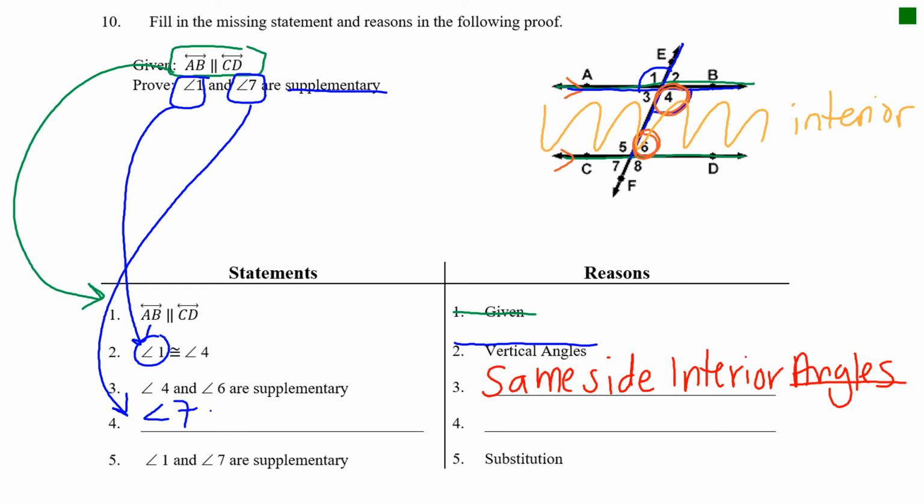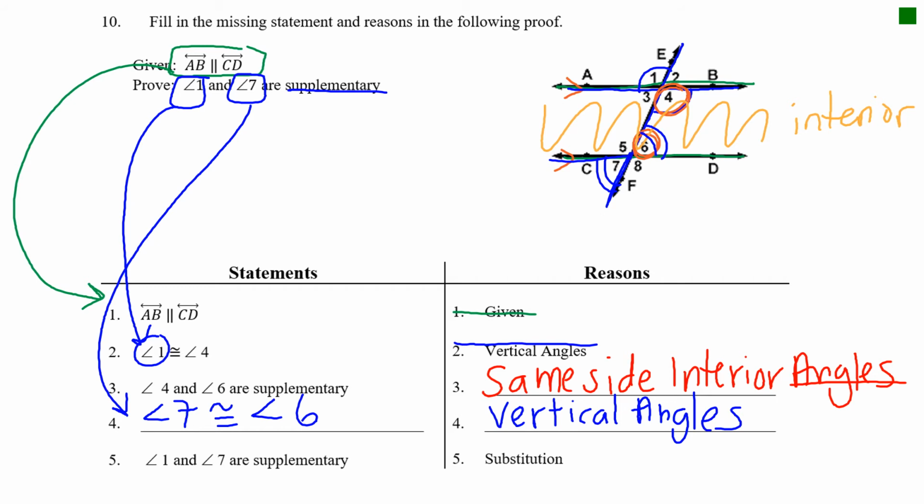And the reason will be similar, so we have to figure out what angle it's congruent to, and we're going to be looking at the same reason as number 2, which was vertical angles. Okay, so let's look at the picture. Here's angle 7. Opposite to it that would form an X is angle 6. So we'll say that angle 7 is congruent to angle 6 because they're vertical angles.